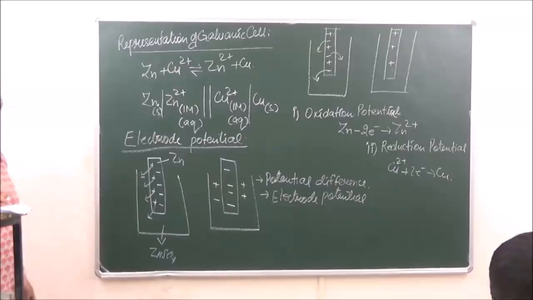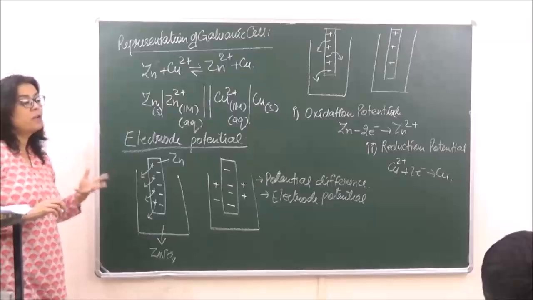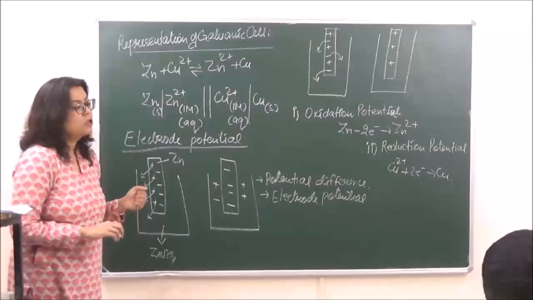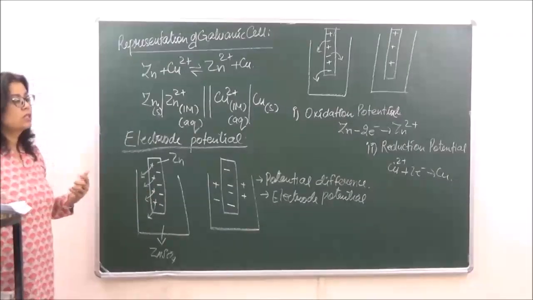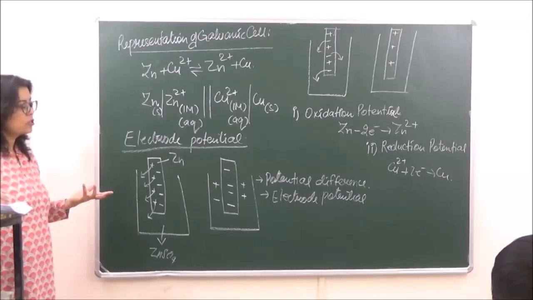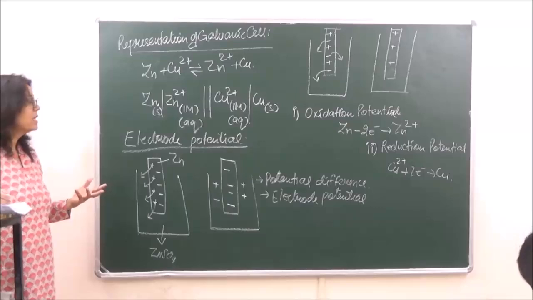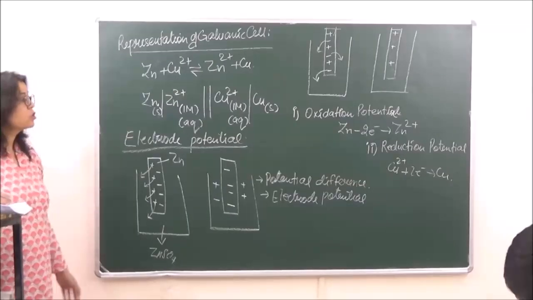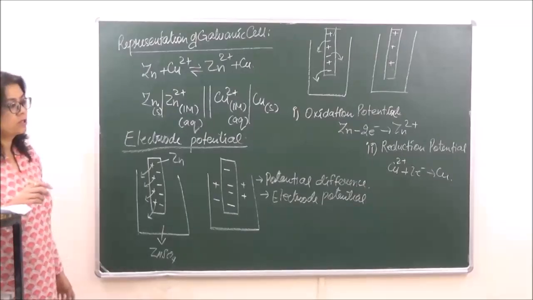So two different types of potentials are formed when we are talking of a galvanic cell. In the oxidation half cell, oxidation potential, zinc is losing electrons, and the other is known as reduction potential, in which copper is gaining 2 electrons.